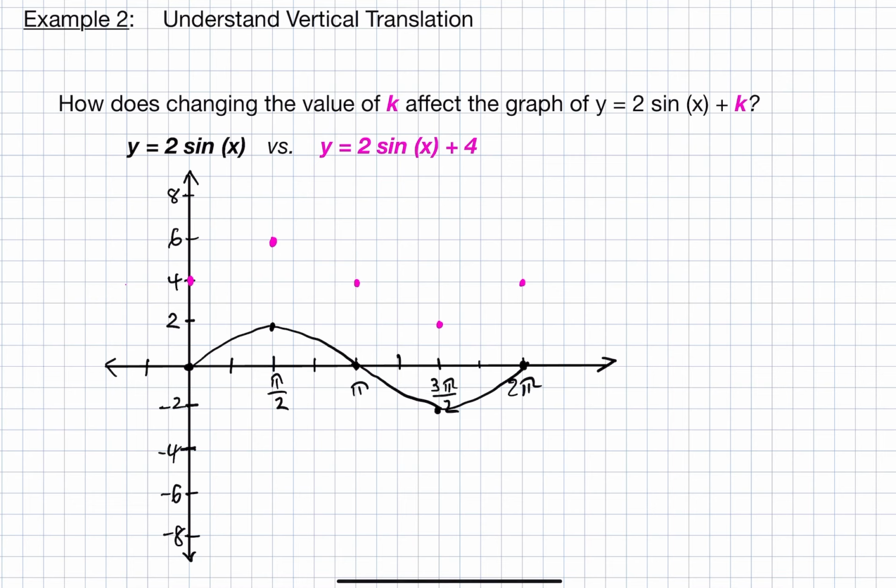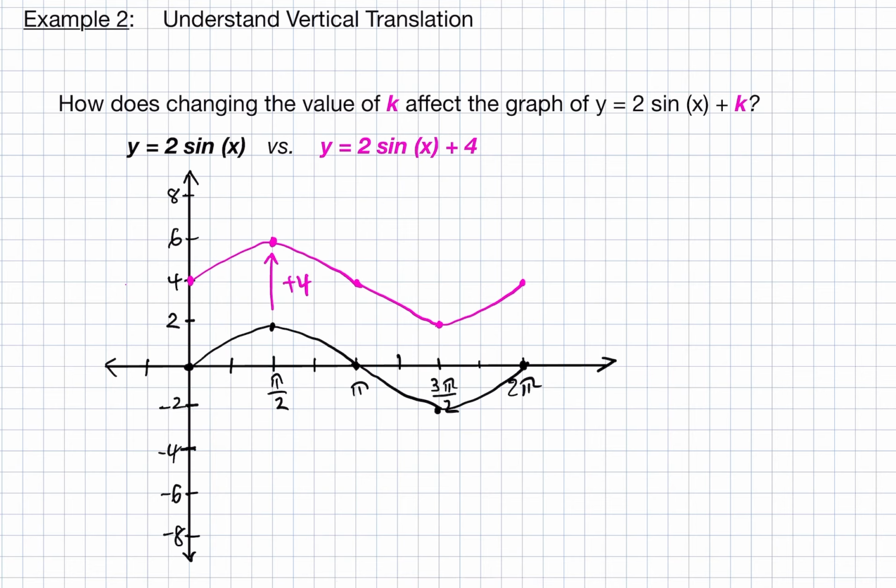And so this function would look just like the one that we drew in black, but shifted up by 4 units. So this is a plus 4. Notice that when we have a plus 4, it goes up 4. If this were a minus 4, then this would obviously shift down 4 units.